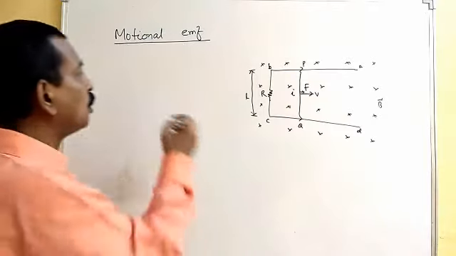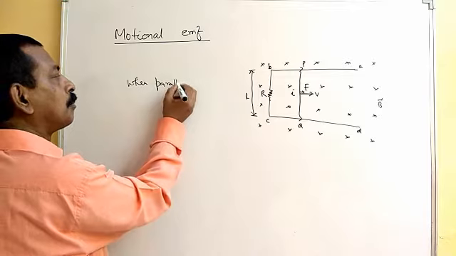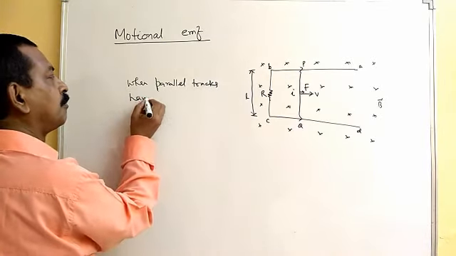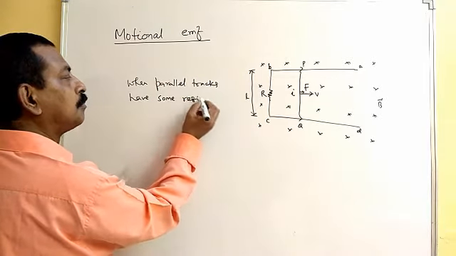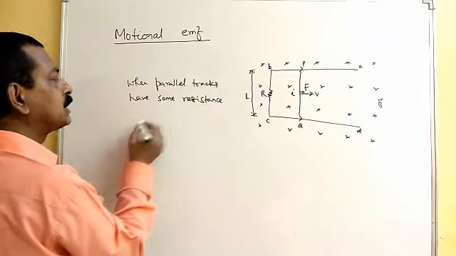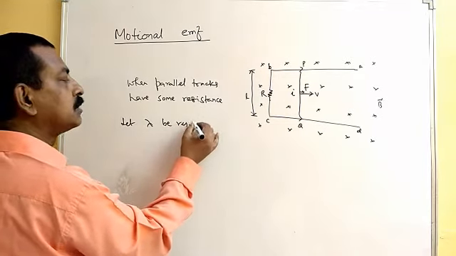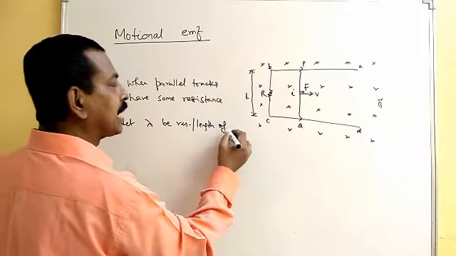So when parallel tracks have some resistance, in that case we are assuming that lambda is the resistance per unit length of the tracks.